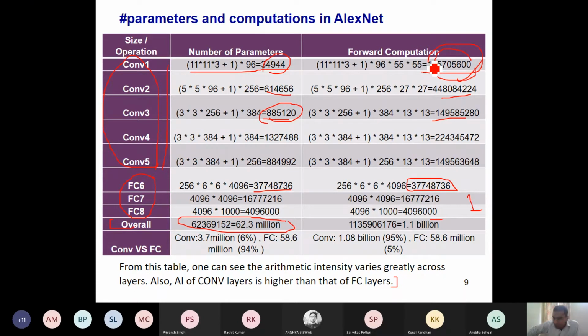As we already said, convolution layers are compute bound, FC layers are memory bandwidth bound. That is also becoming clear from these numbers if you just compute the AI. For FC layers, AI will come out to be very small. For convolution layers, AI will come out to be very large. Is this clear? Any questions?